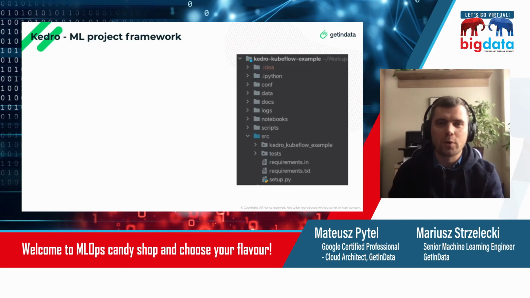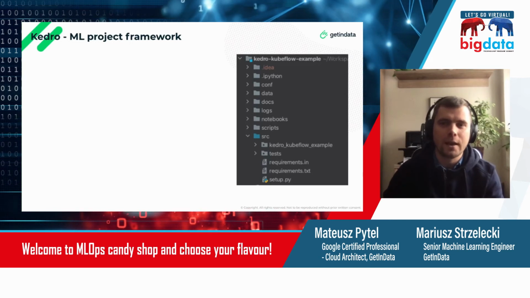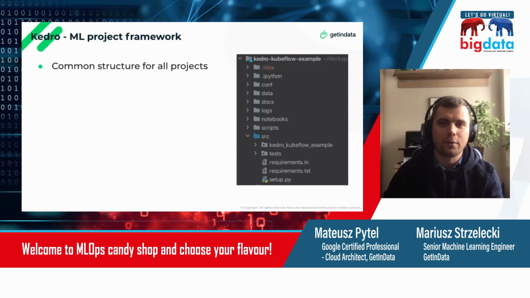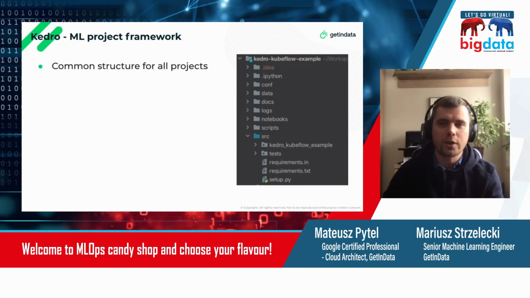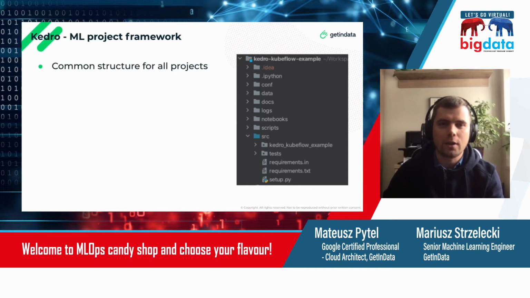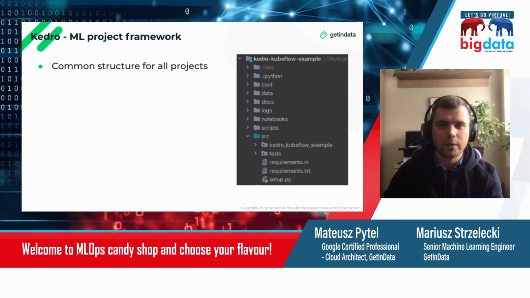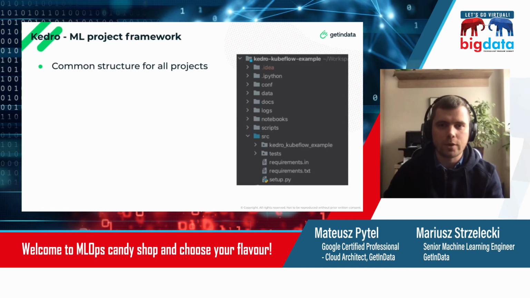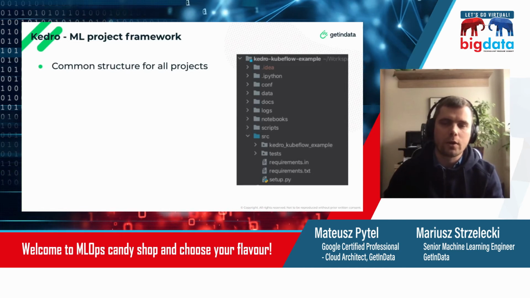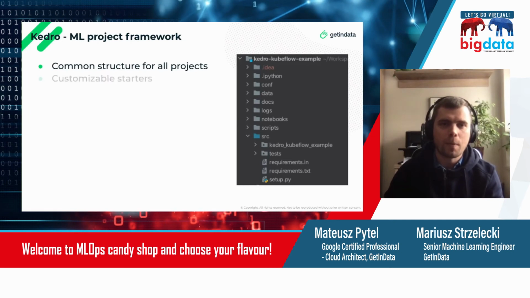In terms of ML projects, it's not always easy. And this is one of the biggest benefits that we get from using Kedro. So the project is structured in a similar way, and especially in an environment where you have multiple data scientists working on multiple projects, such unification can save you a lot of hassle when working on machine learning.